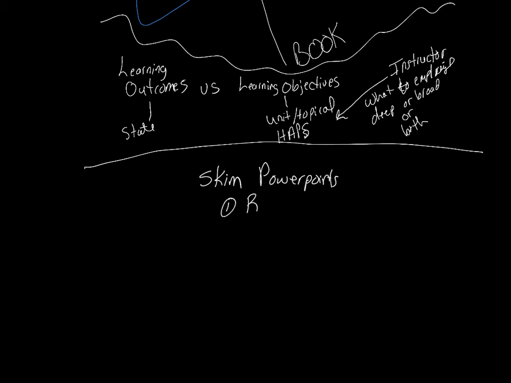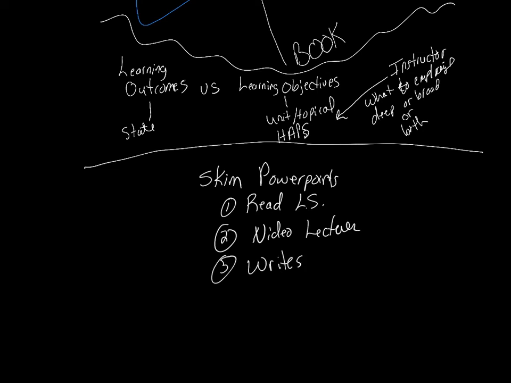Then I would read the Learn Smart chapters and finish that material up. Then I would watch video lectures. Then I would write. And this is going to be the most important component for learning this course.